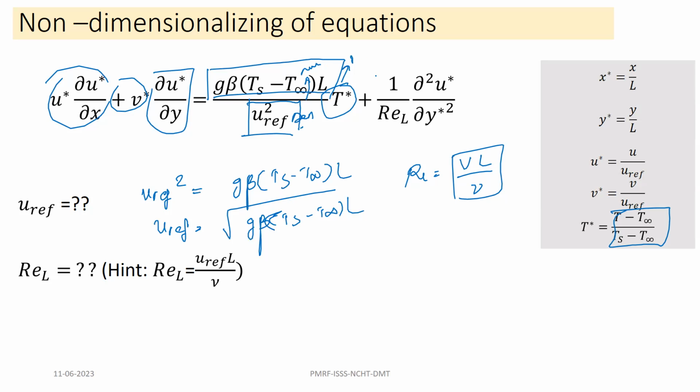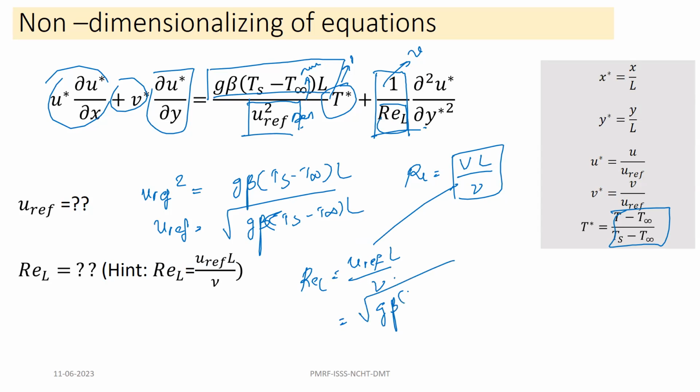So now this part comes the Reynolds number. So here we need to determine this Re L. So we have eliminated the kinematic viscosity. It is actually included in that. In the Reynolds number term, as I wrote here, it is V L by nu. But here we don't have any V. We will just use U reference into L by nu. U reference we have previously seen as root of g beta into Ts minus T infinity into L by nu.